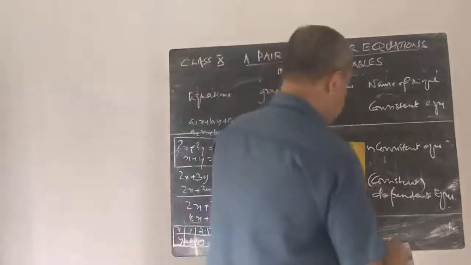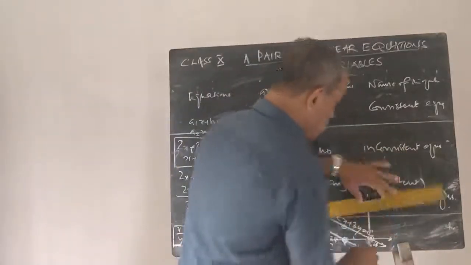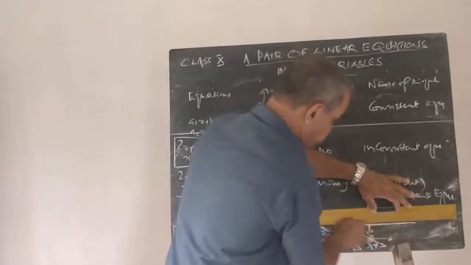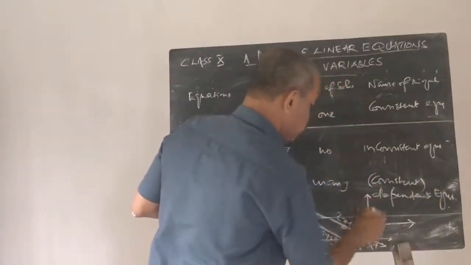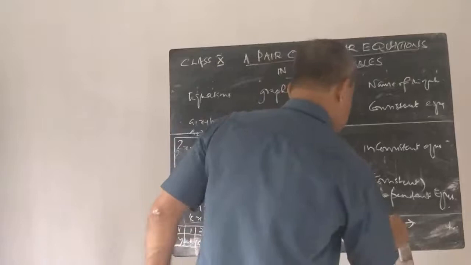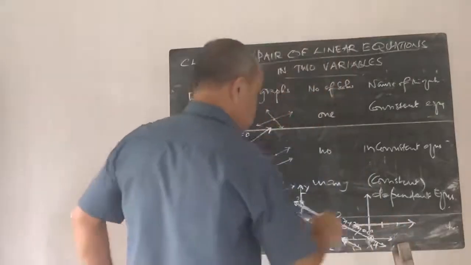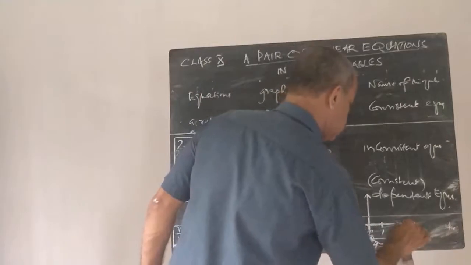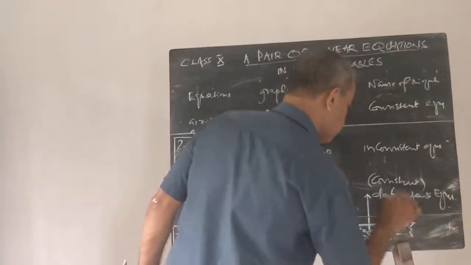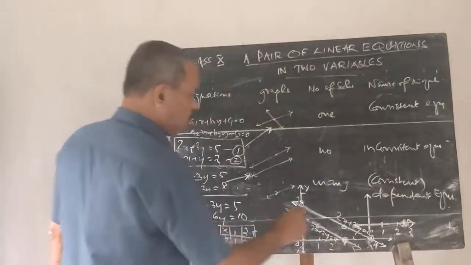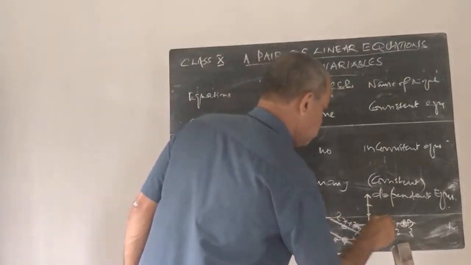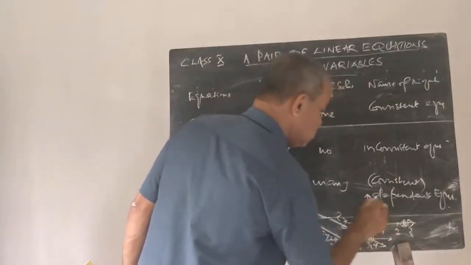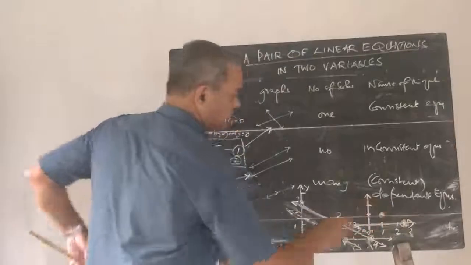Then what will be the graph? Suppose this is 1, 2, 3. Let this be 2.5 and 1. These are the points.